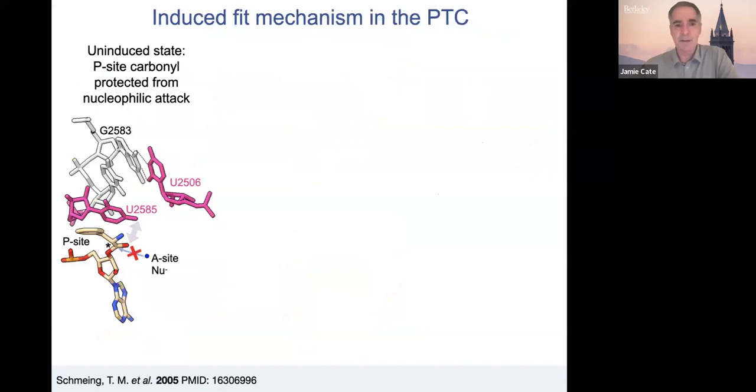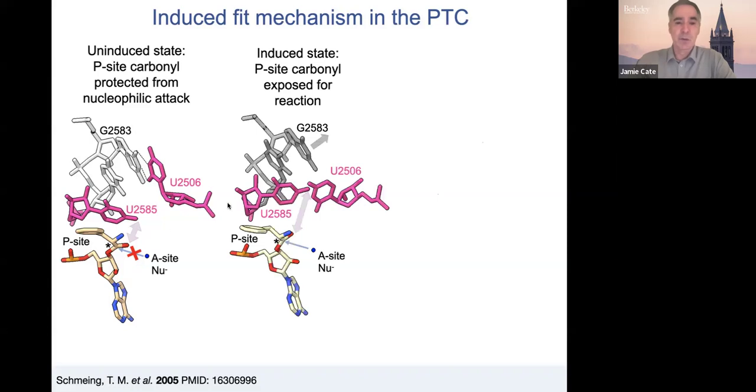Another thing that has to go on, and I wanted to go through this because it gives a bit of a flavor of the complexity of RNA. I'm showing you a lot of static images, but like all biomolecules, things are moving around. For peptide bond formation to occur, some of the nucleotides in the ribosome have to rearrange. I'm showing two here in this hot pink color that, before the reaction can happen, are blocking or protecting the substrate in the P site.